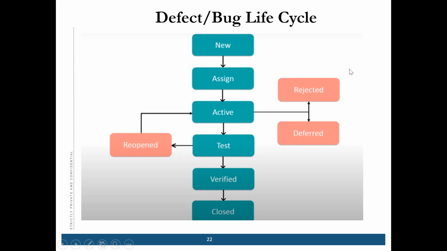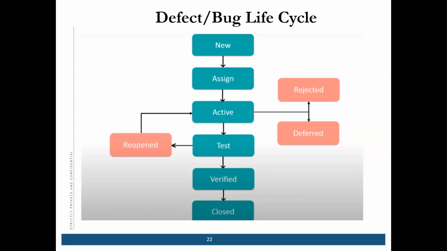Regression testing, that one example is sanity testing. No. Sanity testing is totally different. Sanity testing is when you get a new build, and you are deciding whether you are accepting that build or not.